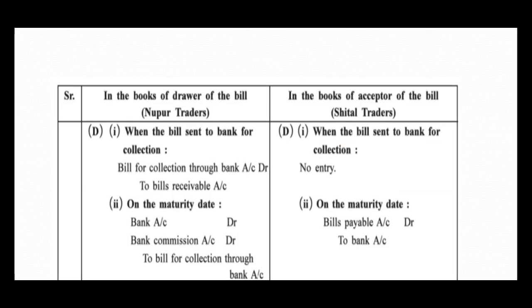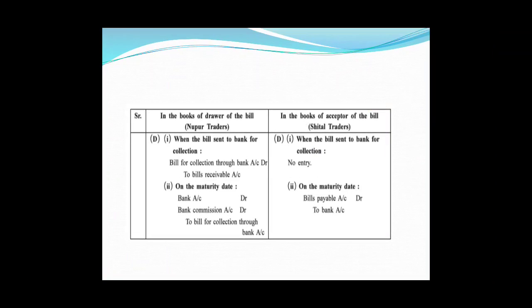Okay, so in the books of drawer, the entry will be bank account debit, bank commission account debit to bill for collection through bank account. Okay, and in the books of Sheetal, the routine entry for payment, that is bills payable account debit to bank account.